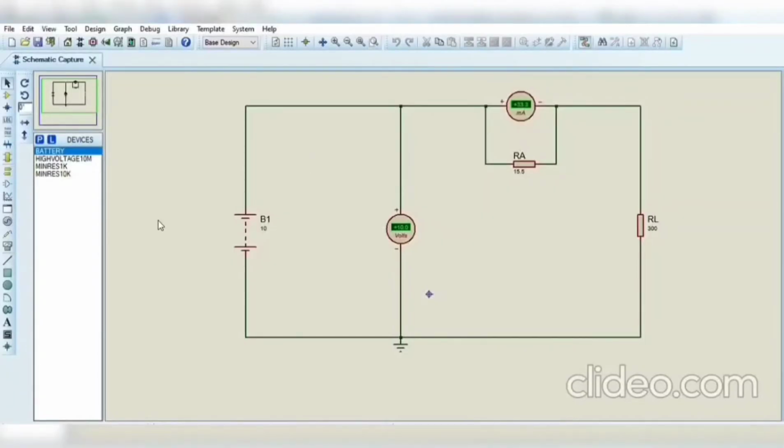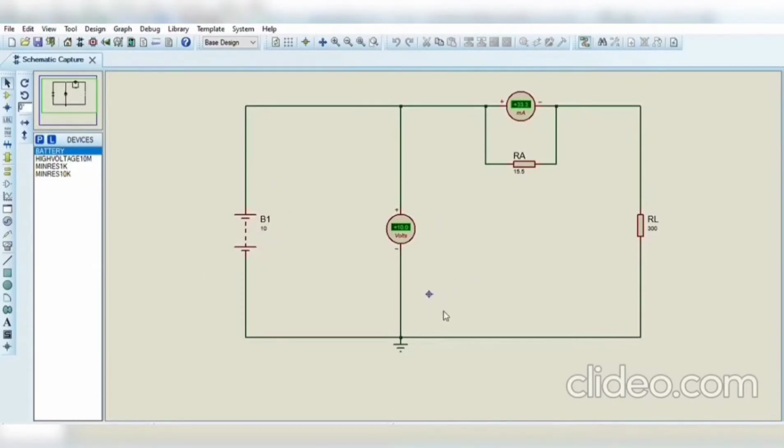So for activity 3, first thing first, we need to connect all the components based on circuit diagram. So we have RL, and then we have ammeter here with internal resistance RA 15.5 ohm, and then we have voltmeter, and the last one we have DC supply with value of 10 volt.